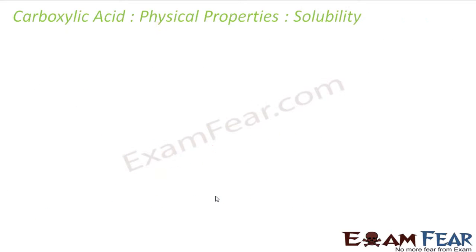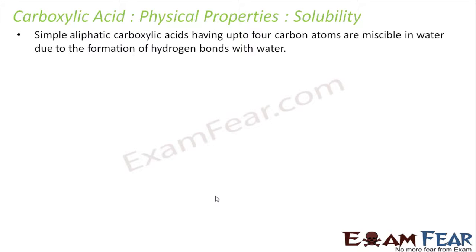Correct? If you talk about solubility in water, it all depends on the bond it makes with water. Since carboxylic acids are capable of forming hydrogen bonds with water, the lower aliphatic carboxylic acids up to 4 carbon atoms are miscible in water.